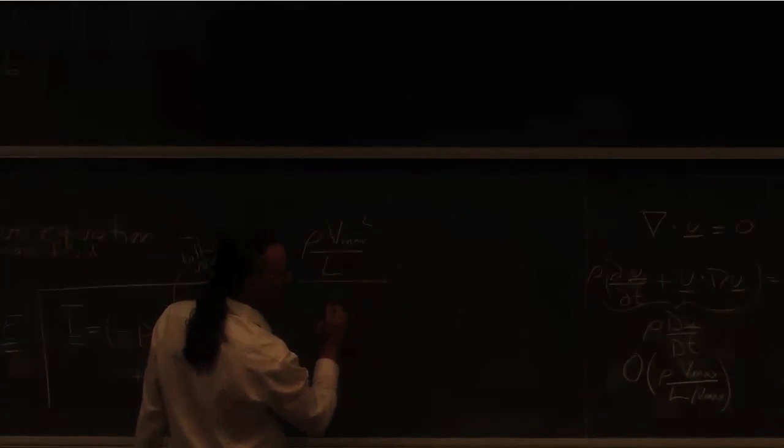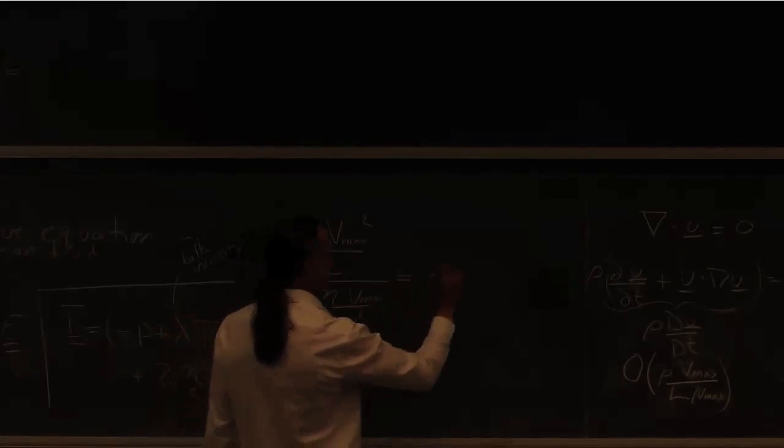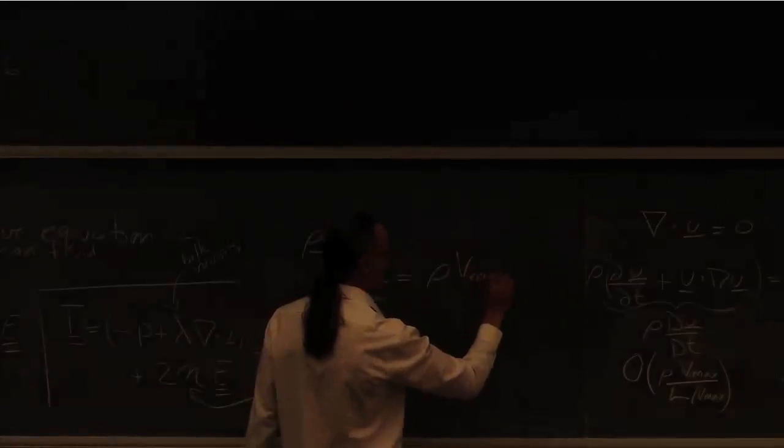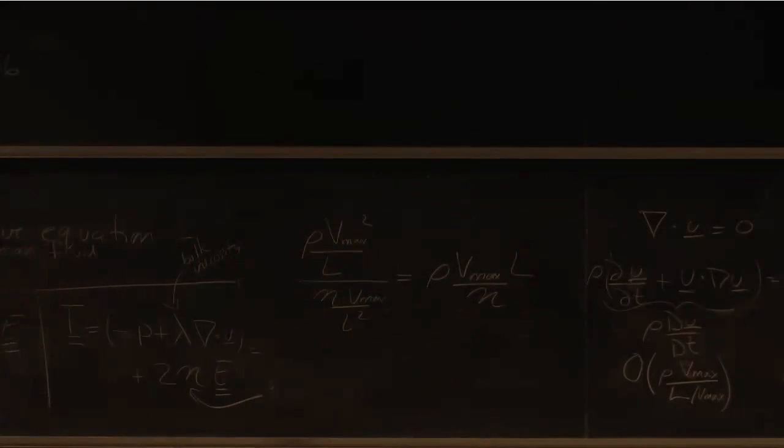We're going to compare density times Vmax squared over length divided by viscosity times Vmax over length squared, which looks like density Vmax length over viscosity. Okay. It's the ratio of the magnitudes of those two terms in the governing equations.